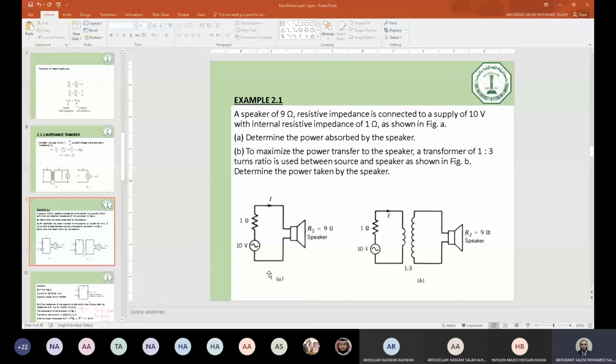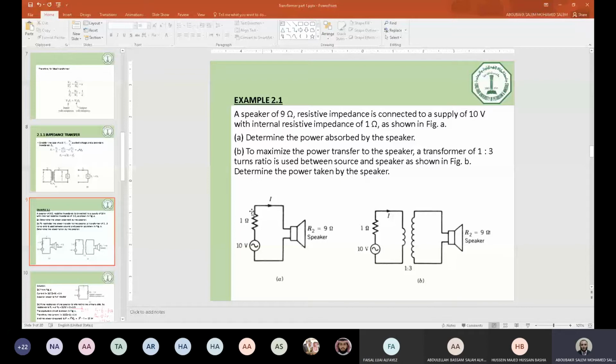Sorry, again? We have the ratio, so we can get I2 and V2. Now we don't have a transformer. We just explain this circuit, a simple circuit: two resistances connected in series with a supply. We can find I, and then find the power at R2. So we can just multiply the square of the current by the value of the resistance.